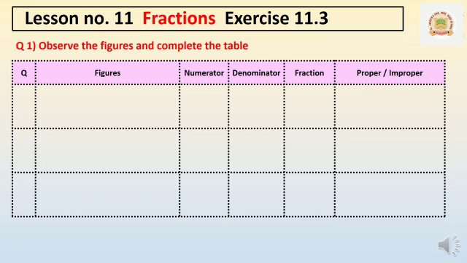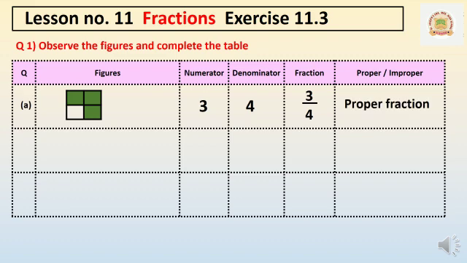Observe the given figures, complete the table. Here a figure is given: one square with 4 parts and 3 parts shaded. So it is 3 by 4. The numerator is 3, the denominator is 4. When the numerator is smaller than the denominator, it is called a proper fraction. Question B. There are 3 bars, in which one is shaded, 1 by 3.